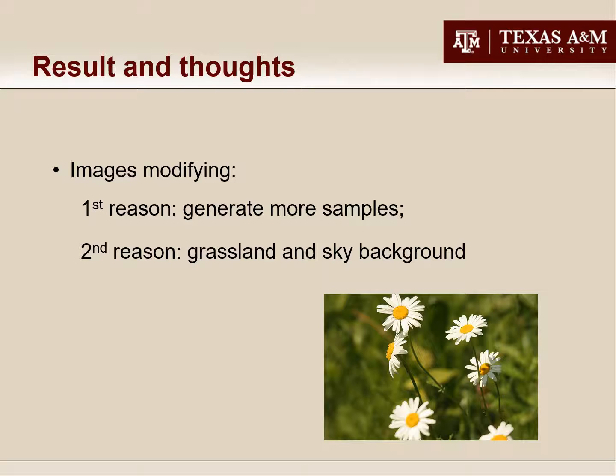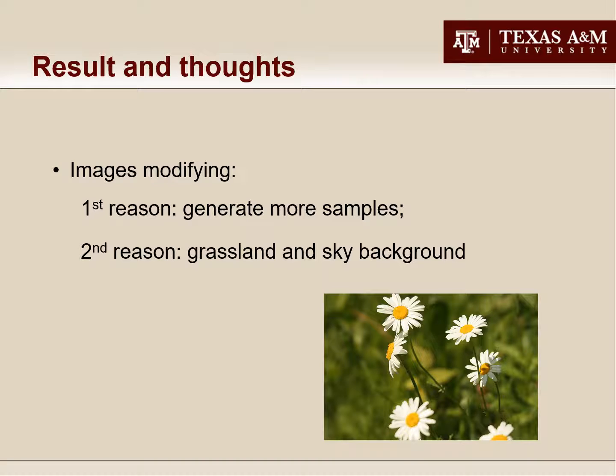The first reason is that by modifying the images, more samples will be generated, which will lead to a higher accuracy in the learning. For the second reason, I think the background of the images we used is usually grassland and the sky. When we change the lighting, the network may find the position of the flowers in the picture more easily.